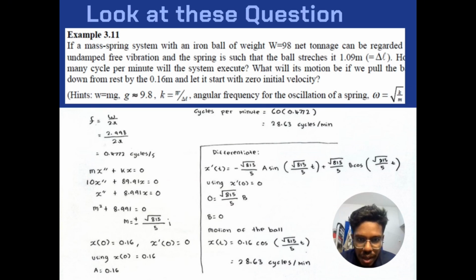Using x prime equals 0 at t equals 0, we know that b equals 0. So the motion of the ball is x of t equals 0.16 cos of square root of 8.991 times t. Then we know that the motion of the ball is 28.63 cycles per minute.